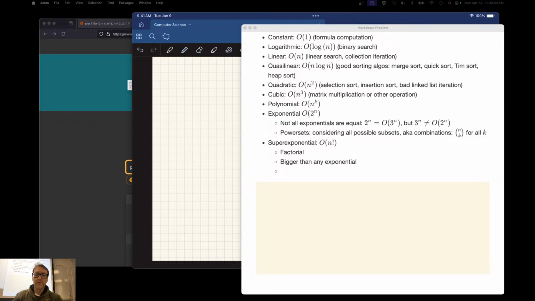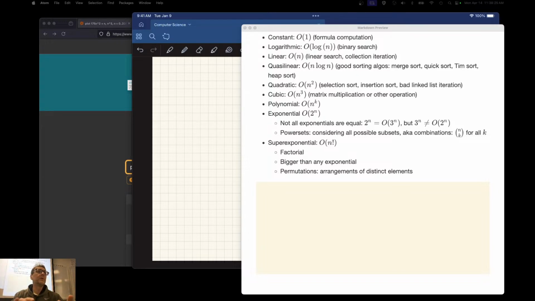Permutations, with or without repetition. With repetition, now you're super exponential. But permutations are arrangements of distinct elements. That's going to be if you've got 10 people and you want to arrange them to take a photo.